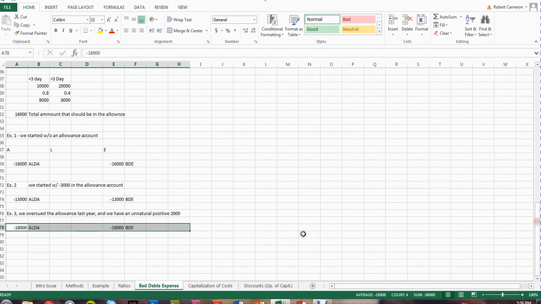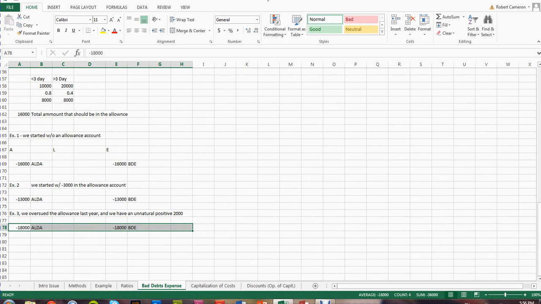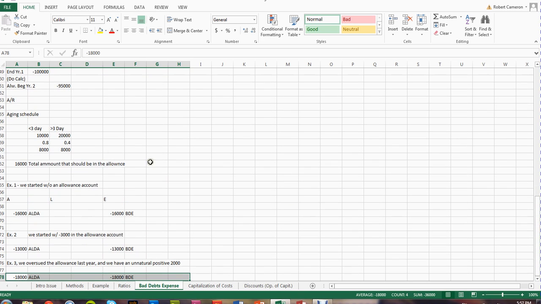And again, you only do this game of adjusting for what you need in the allowance account in the percentage of accounts receivable method. Normally the accounts receivable method is just an aging schedule. Sometimes in problems, whether on the CPA or other tests, they won't say we used an aging schedule.